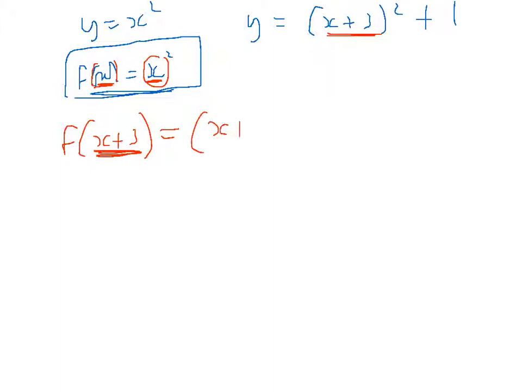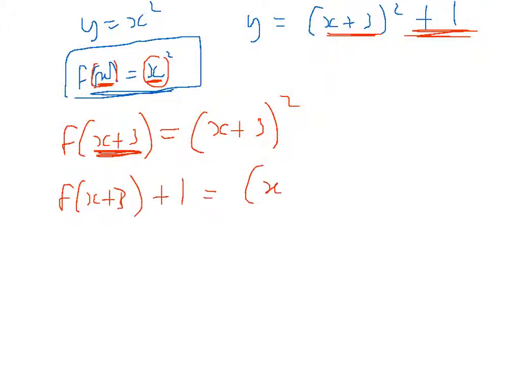So I get x plus 3 squared. I have a plus 1 here, so I need to add a 1 on the outside on both sides. So you see, I've gone from here to here very quickly just by using transformation rules.